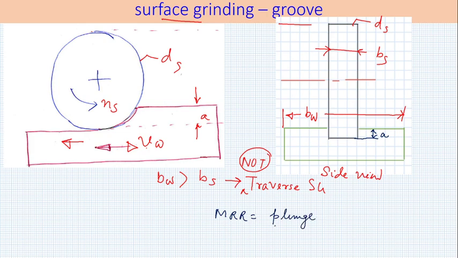The only thing is that instead of Bw, the width of the groove, which is equal to Bs, will come into the picture, times Vw. Here this symbol says that it is reciprocating, perpendicular to the screen on which you are looking at this lecture.